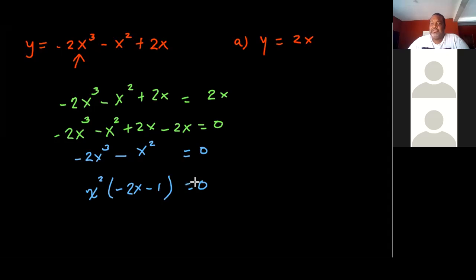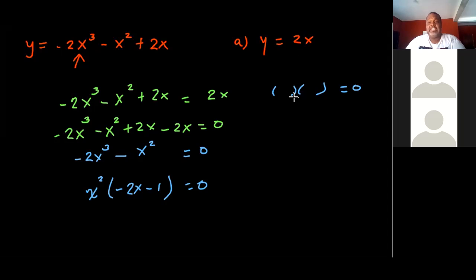Is equal to 0. Now you're supposed to be able to handle this. Because the truth of the matter is when I have two things multiplied by each other to give me 0, what I have been taught, and if you haven't yet, you will be taught right here in third form or maybe in fourth, is that we don't know which one is 0, but one of them has to be 0.